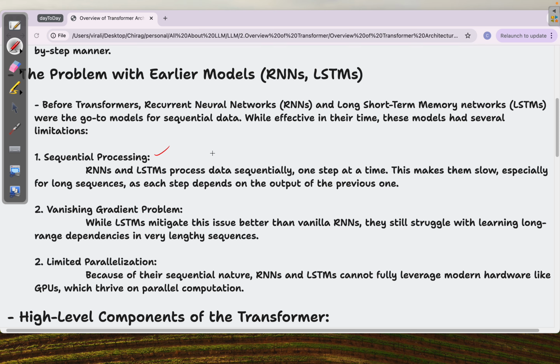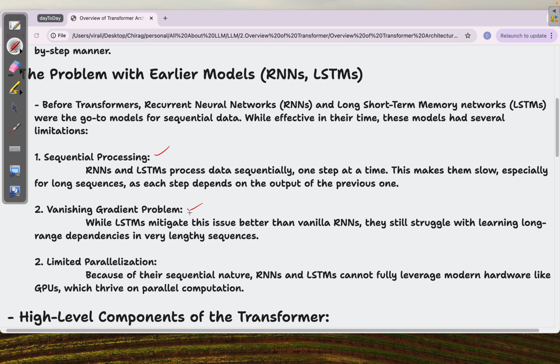So it will be very slow. The second thing is the vanishing gradient problem. LSTM has a lower issue with vanishing gradients, but the RNN cell, which was the predecessor of LSTM, faced the vanishing gradient issue because we are backpropagating over time in the RNN or LSTM. But still, LSTM mitigates this issue to some level.